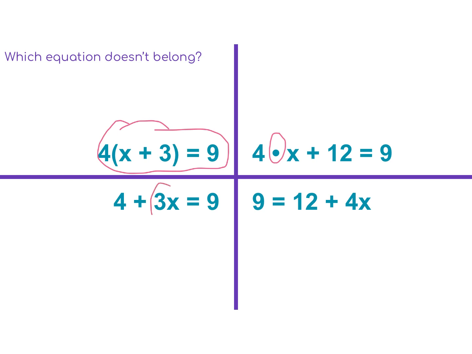And then in this equation, I noticed that the 3 is actually being multiplied by the x and not the 4 like the other equations. And in this last one, this one kind of stands out because the 9 is on the other side of the equal sign, so it's kind of flip-flopped or reversed.